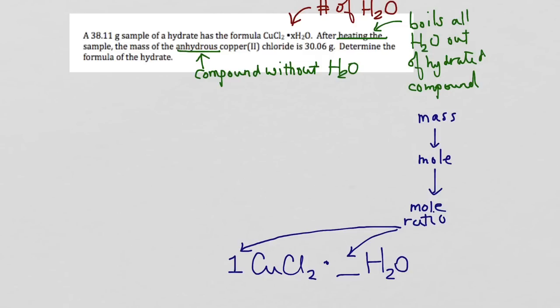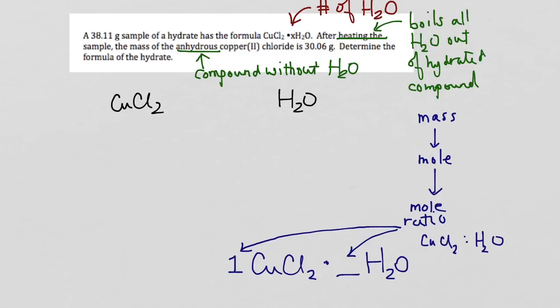So we're finding a mole ratio of CuCl2 compared to water. That's the only difference here. Which means we need moles of this and moles of that, which means we need mass of this and mass of that. So let's start working on the question. CuCl2 and then water. That's what we're comparing. So we'll set that up.